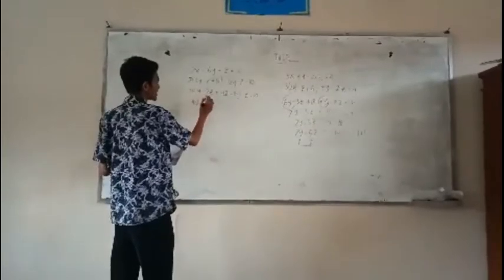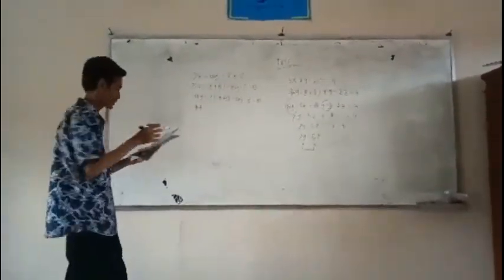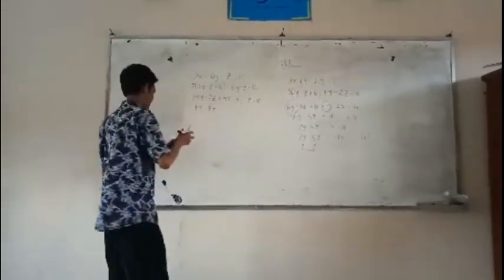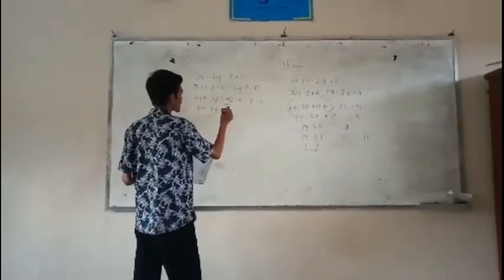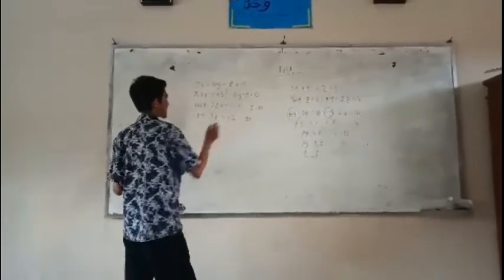Negative 7z, negative z, so negative 8z, plus 42 equals 10.